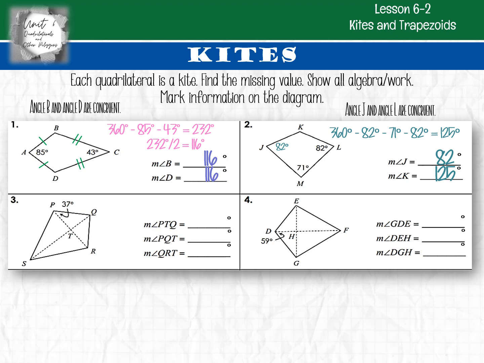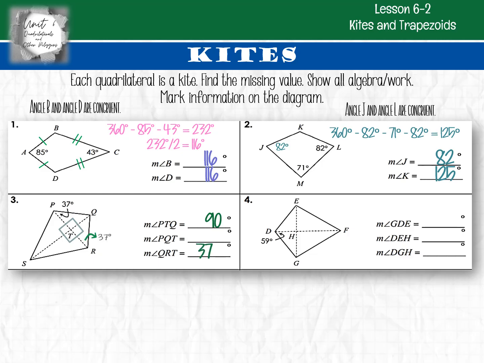Number 3, we are given the measure of angle QPT is 37 degrees. Let's see what we're looking for. The measure of angle PTQ. Okay, that's 90. That's simple enough. The diagonals are perpendicular. Let's see what else is left. The measure of angle PQT and the measure of angle QRT.